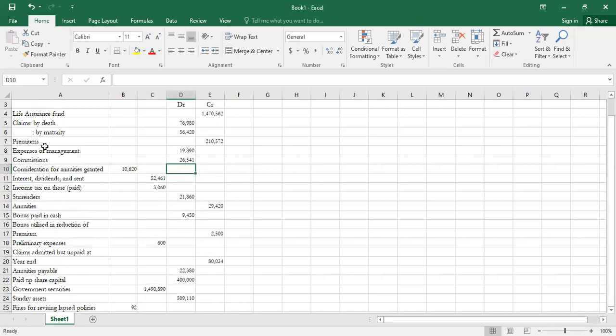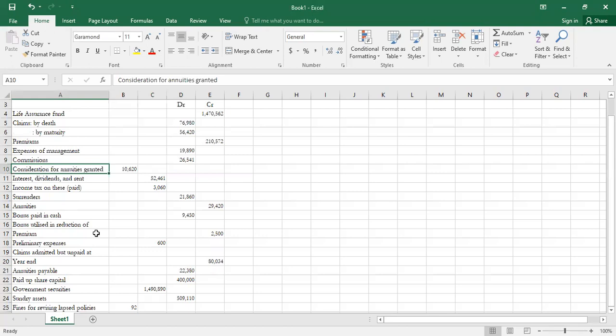So here we are. For the consideration for annuities granted, we say that any lump sum payment that will be received by the insurance company in lieu of granting an annuity is what we are calling the consideration for annuity granted.